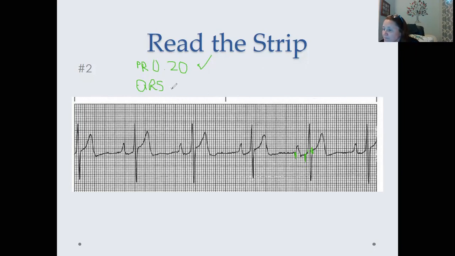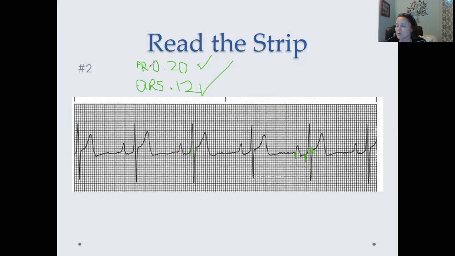So about 0.12. 1, 2, 3. Yep, 0.12. Which remember it should be 0.12 or less. So we're good.